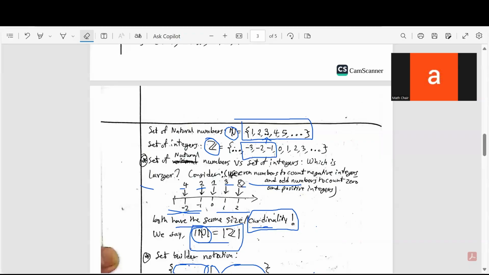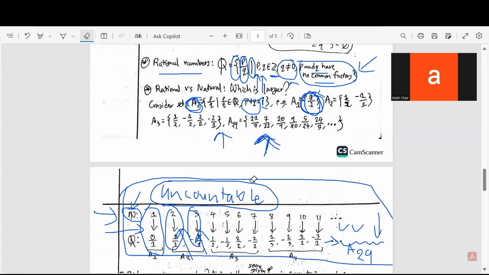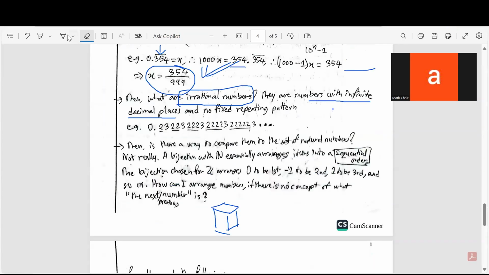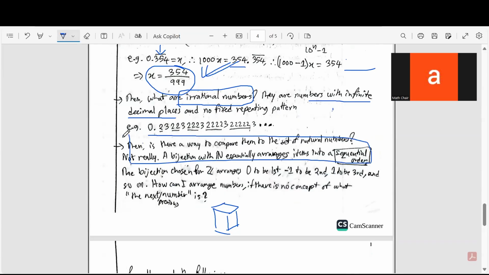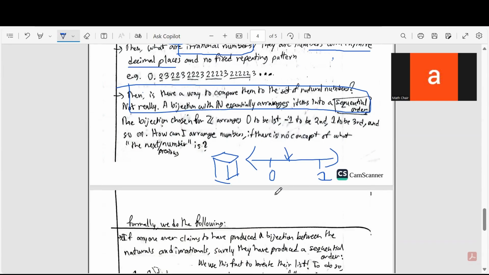Counting always creates a sequential order. If there is no sequential order in the first place, if there's no way that I can arrange the numbers, as I've expressed before, you just can't point towards a number that you can claim to be the next number after 0 on the real number line. You can't. So that's the problem. I can't count it. But what's a nicer way to explain this concept?